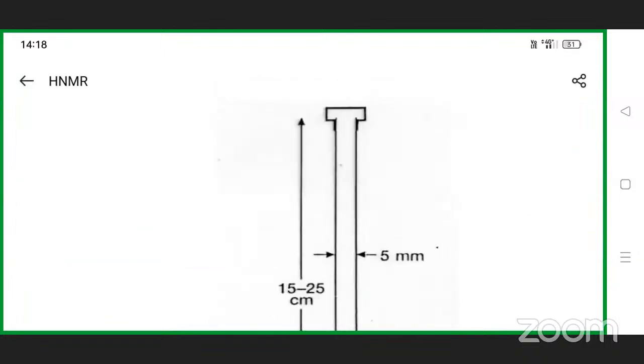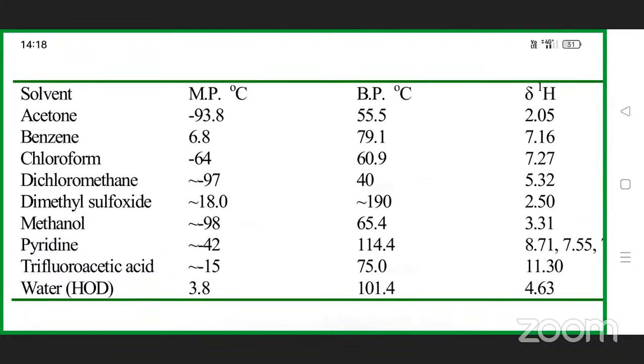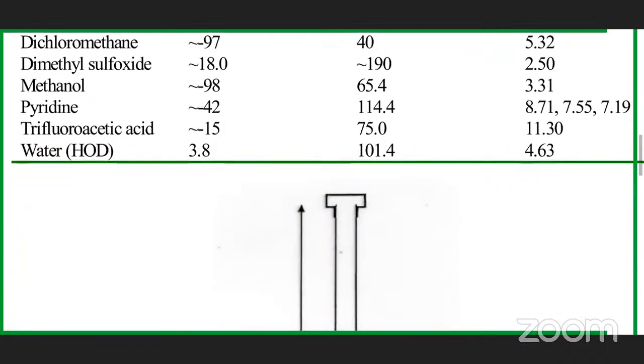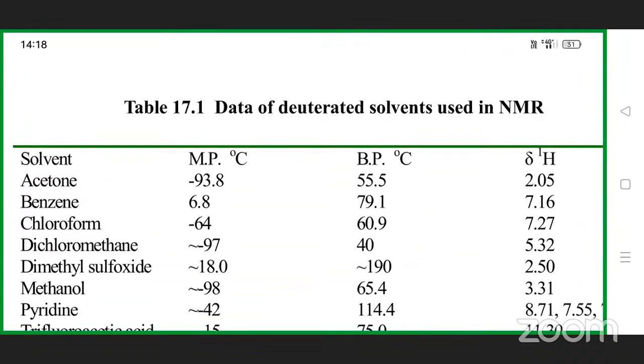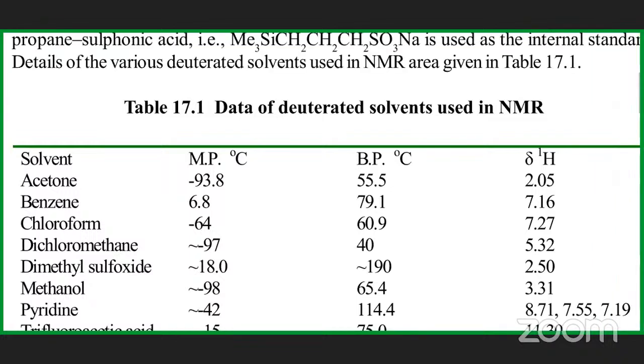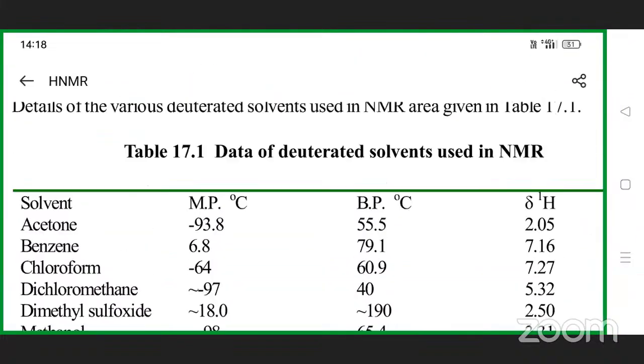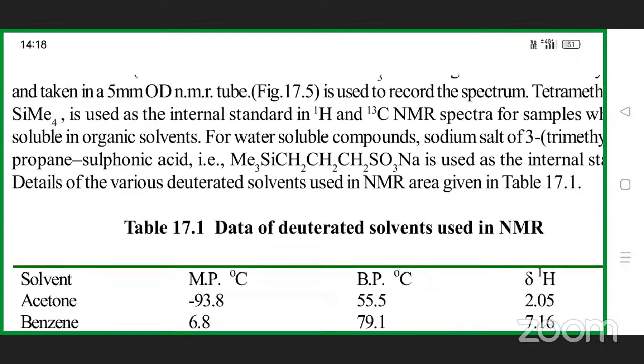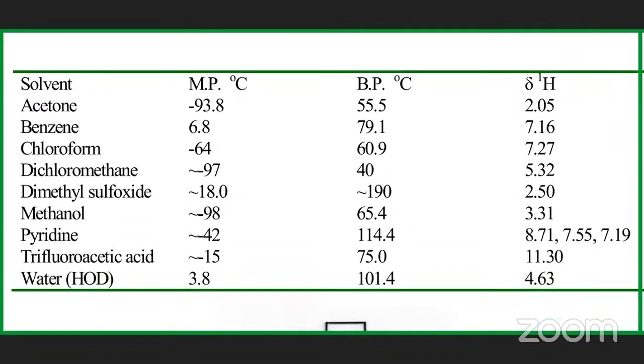These are some of the difficulties while recording the H1 NMR spectra. Don't misinterpret the graph; interpret it by incorporating the solvent peaks in your compound's spectra. This is very important to interpret the H1 NMR spectra.